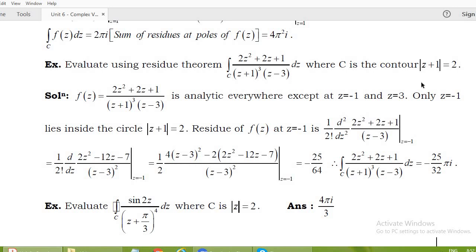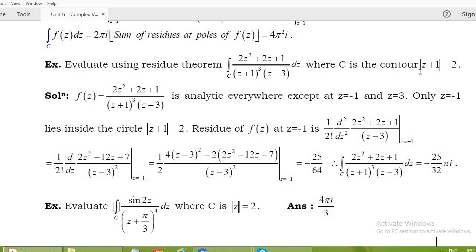Another way, you can directly put the point in and then check whether the point lies within or on the circle or not. Now z = −1.